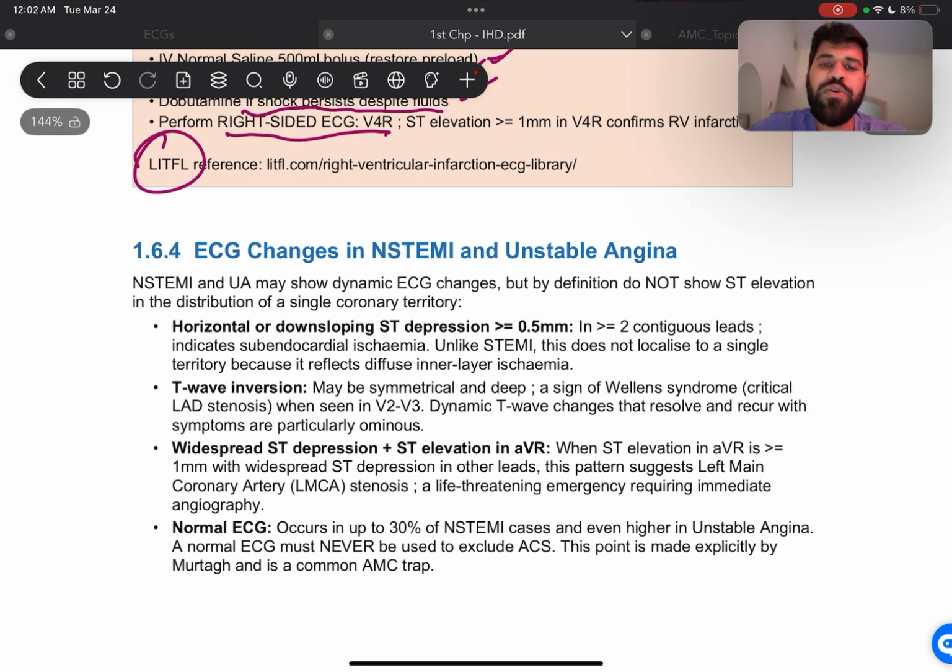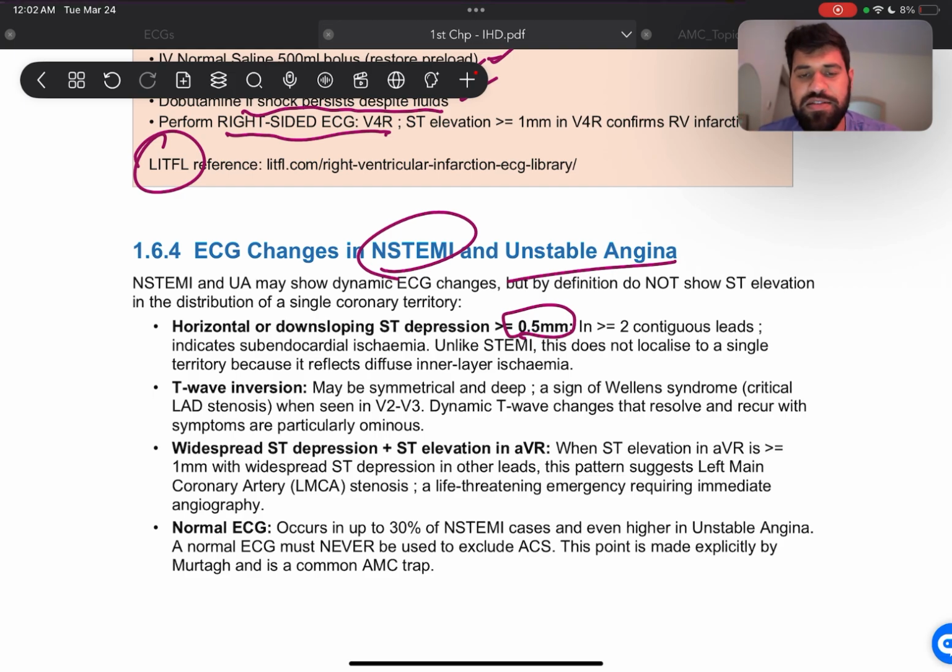Now, ECG changes in STEMI and unstable angina. Now we are reading all about STEMIs. So, horizontal or downsloping ST depression, which is more than 0.5 mm. In STEMIs there's going to be ST elevation.